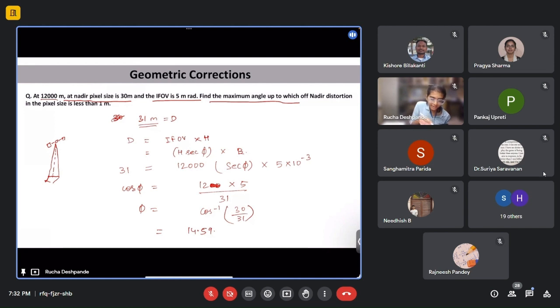So this is at nadir pixel size, which is 30 meters, and this is off nadir pixel, which is slightly distorted, and its size is 31 meter, and then within this range the pixel size will vary between 30 to 31. So we need to find this phi.